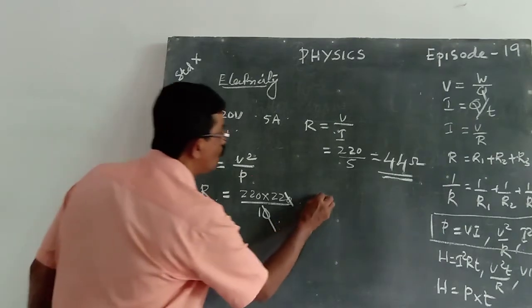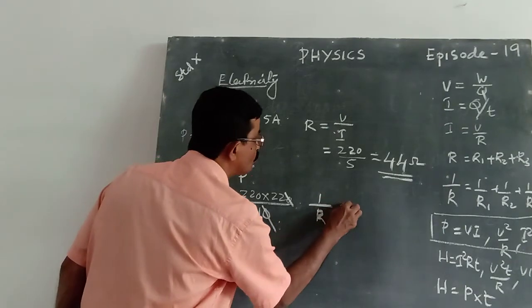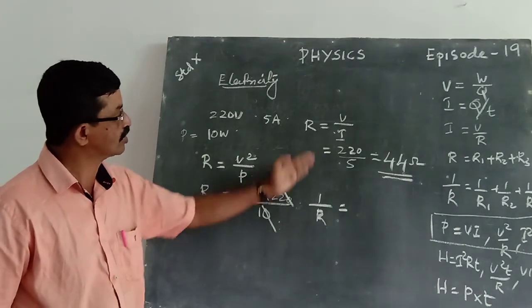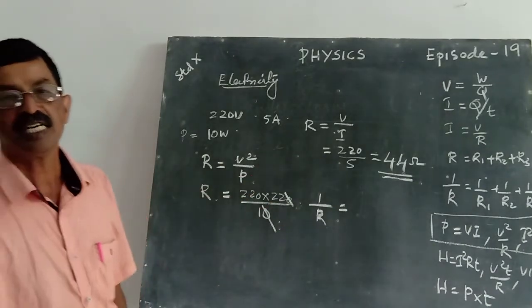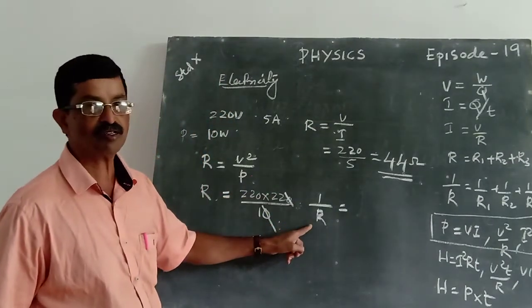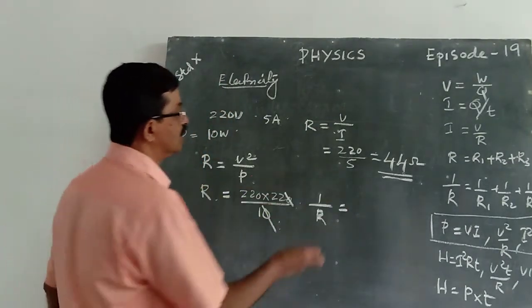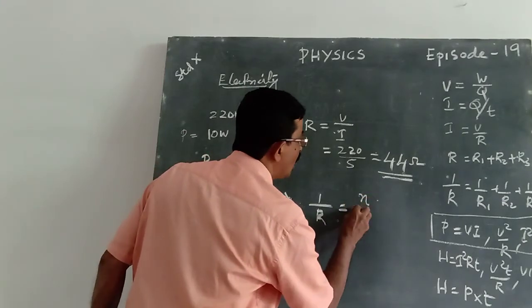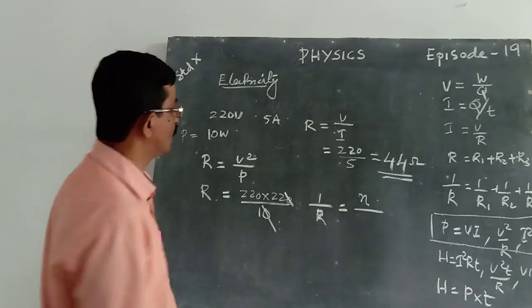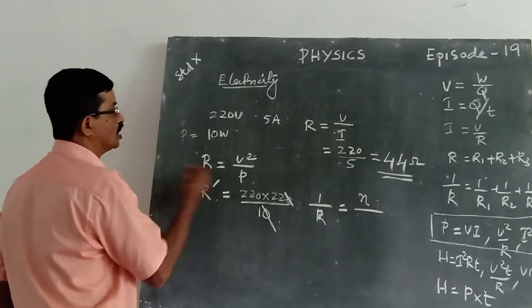We know 1 by R is the effective resistance when a number of resistors are connected in parallel. 1 by R is equal to, we are going to connect N such bulbs, and we can take the resistance of one as R dash, it is better.